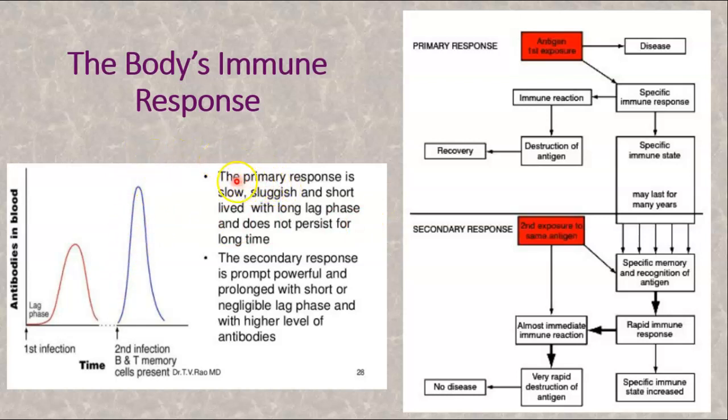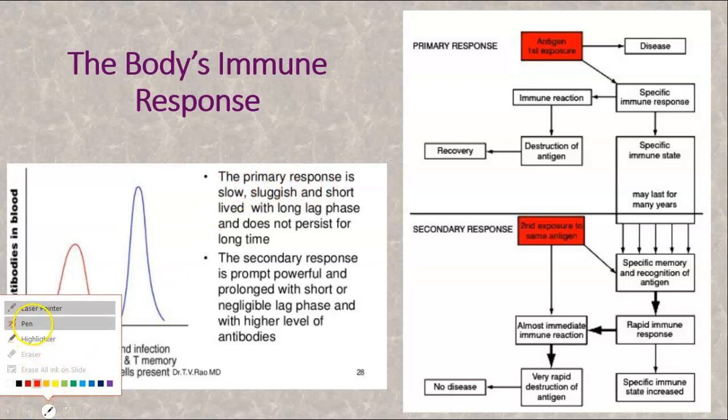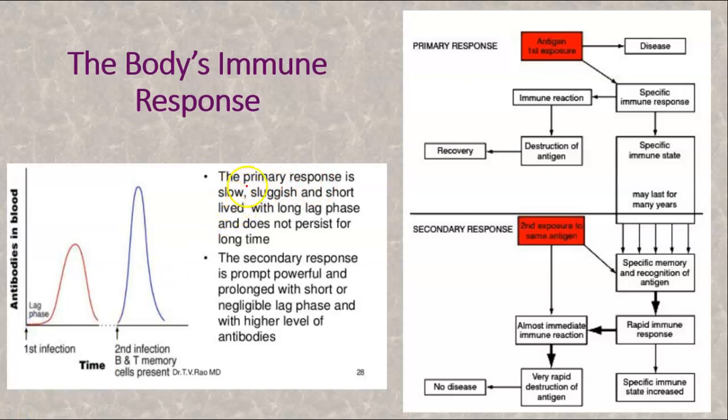Now, there are two aspects to natural immunity. There is the primary response, and I need my pen here because I need to ensure that you understand this very well. There is a primary response, and then we have the secondary response.